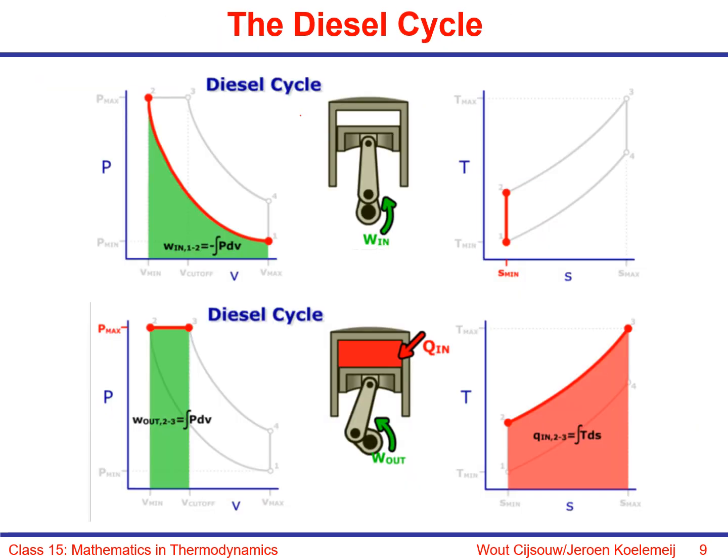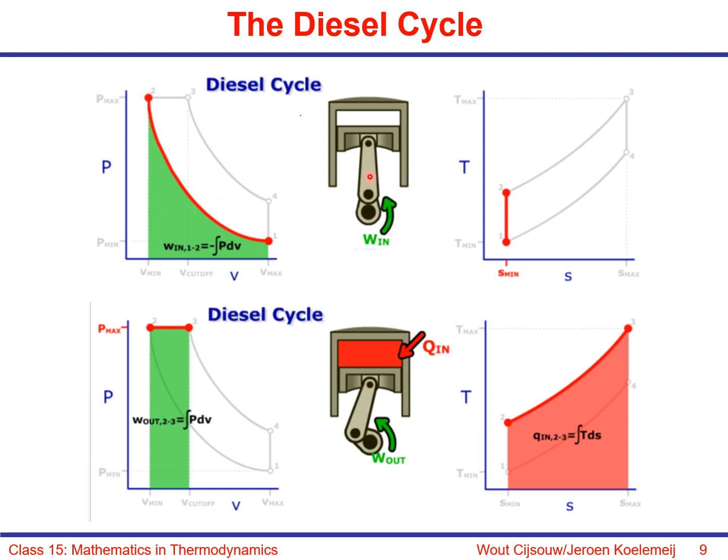So let me guide you through the diesel cycle step by step. We start here at state 1. Let me bring out my pointer. There we go. We start from 1, and in the PV diagram we move to state 2, which corresponds, obviously, to compression, and it's isentropic compression.